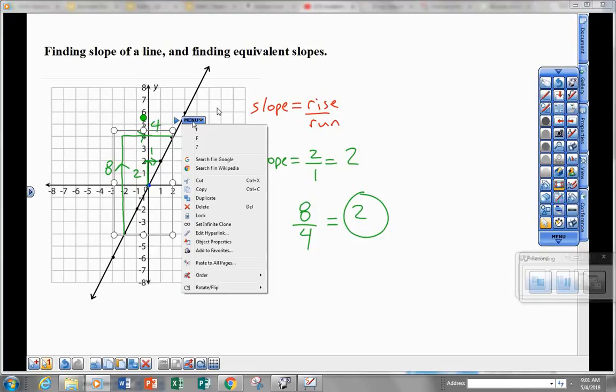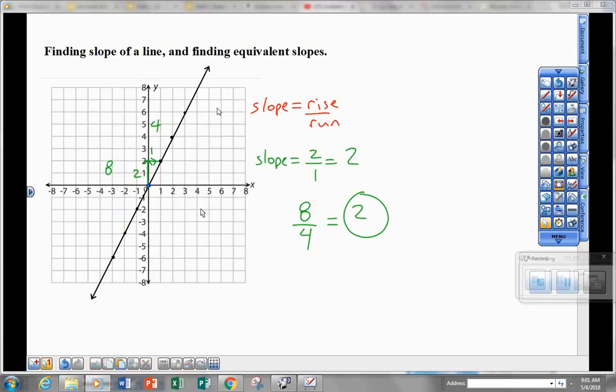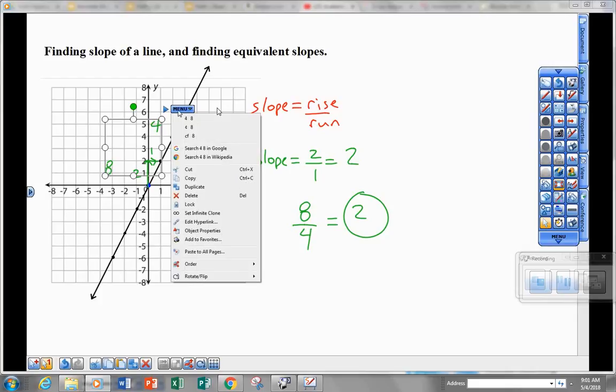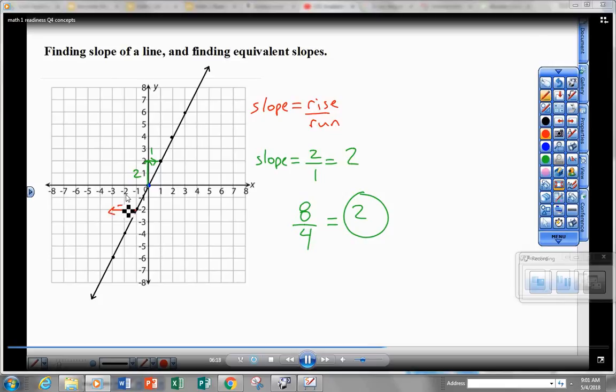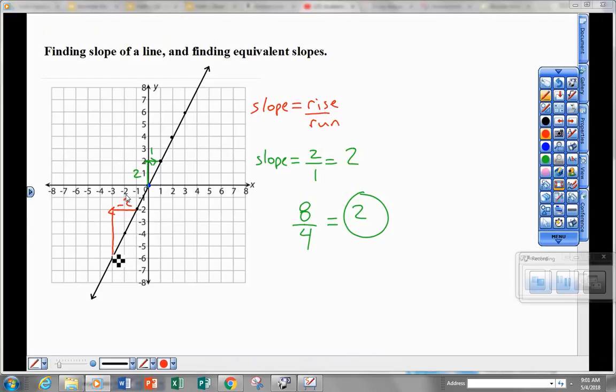And I'm going to erase that so I can show it more clearly. If I went left 2, negative 2, and down 4, negative 4, that's also equivalent.